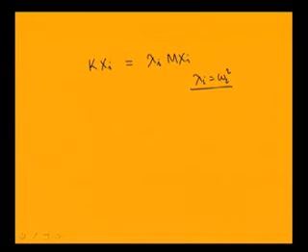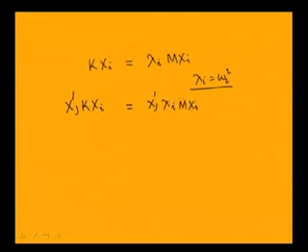Now, pre-multiplying by the transpose of the jth mode, I can pre-multiply this equation by x j dash, which is the transpose of the jth mode. So x j dash k x i will be equal to x j dash lambda i m x i.